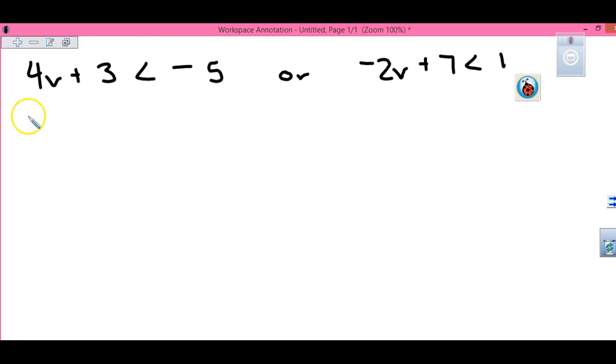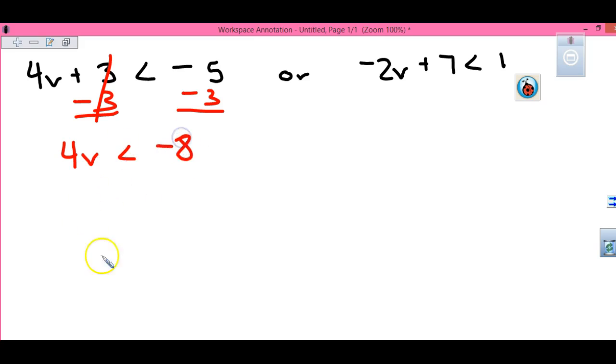If we have to solve and graph 4b plus 3 is less than negative 5, or negative 2b plus 7 is less than 1. So there's an or here. Do we have a mental picture of what the graph is going to look like? Okay. So now we're going to solve each of these individually and then graph. 4b is less than negative 8.